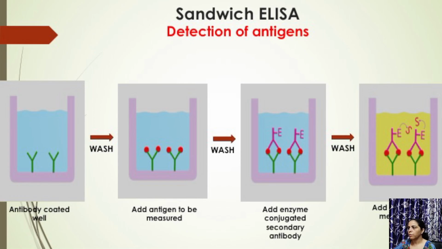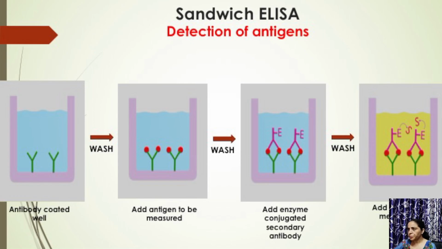Again, if there is a conversion of the substrate to the product, then we can say that in the serum particular antigen is present. So this technique can be used to find out whether a particular pathogenic virus, pathogenic microorganism or infectious agent is present in the serum.